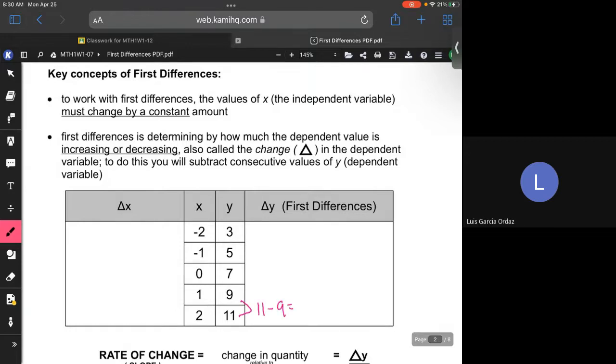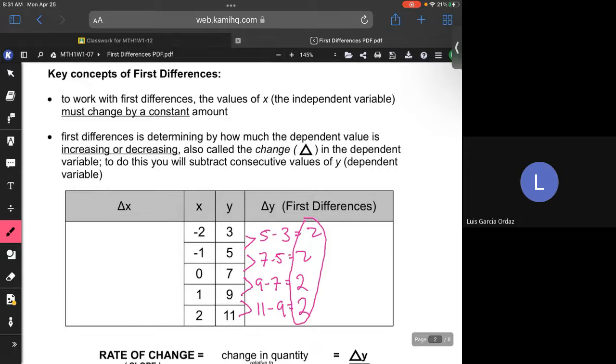What's 11 minus 9? 2. 9 minus 7? 2. 7 minus 5? And 5 minus 3. 2. Perfect. So what do you notice about the first differences? 2. Yeah. So when the first differences are the same, our graph is a linear graph, okay?